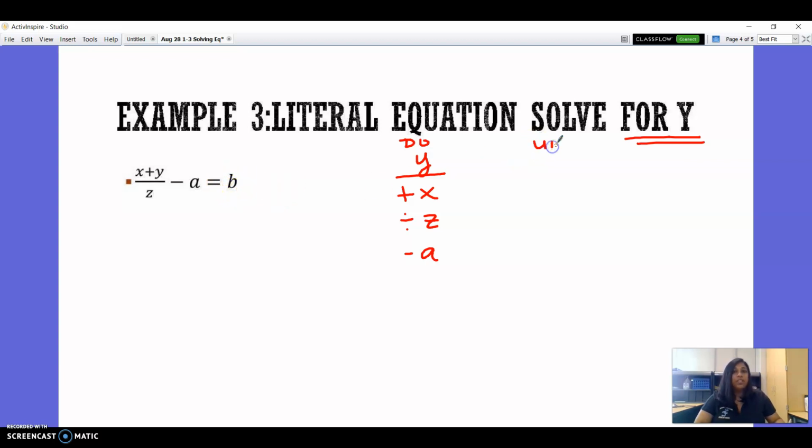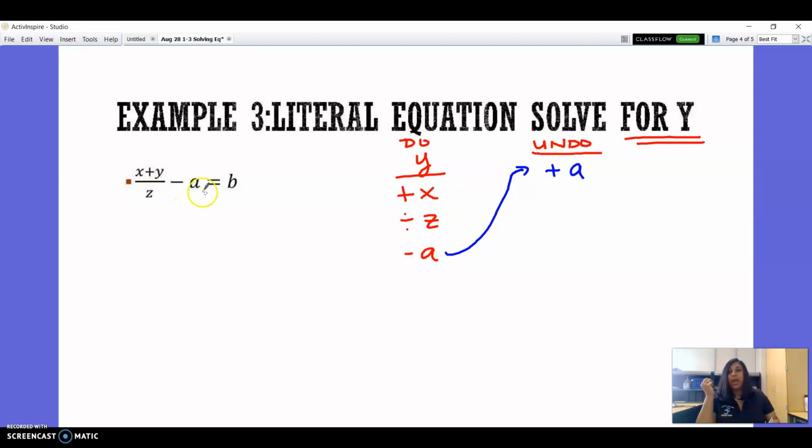Now what we're going to do is write the undo column, which means we're going to look at this backwards. So subtract a, and we're going to do the opposite, the inverse. If I subtract a, the inverse of that is to add a.